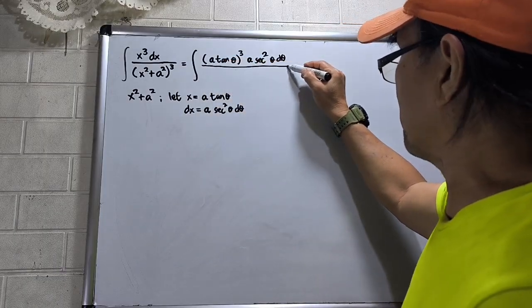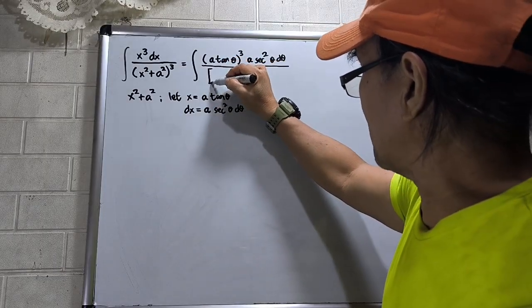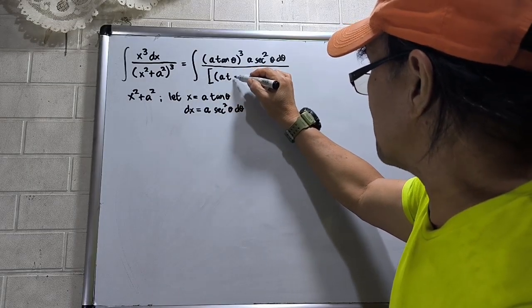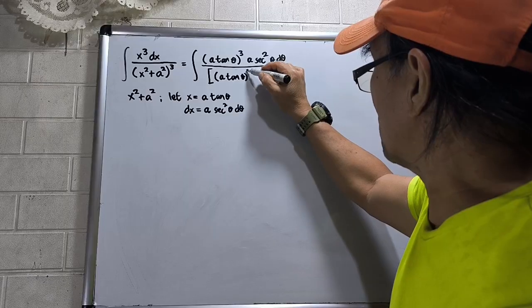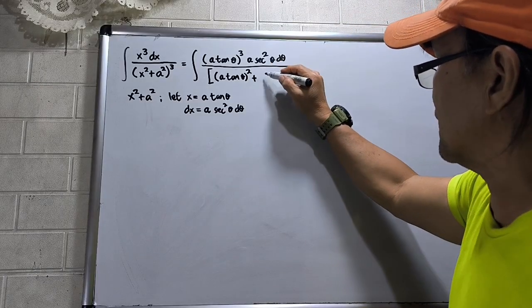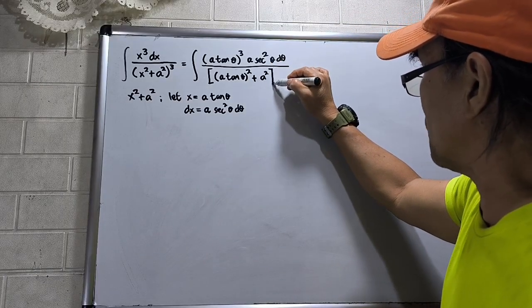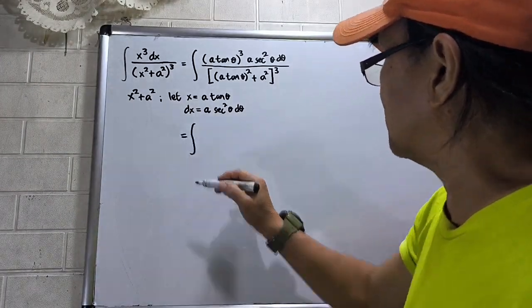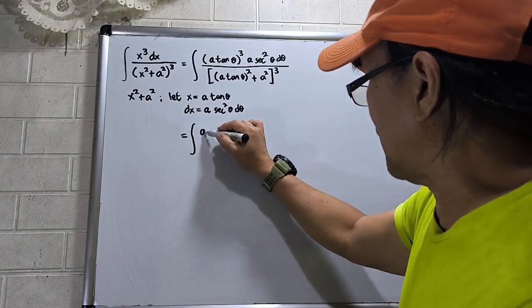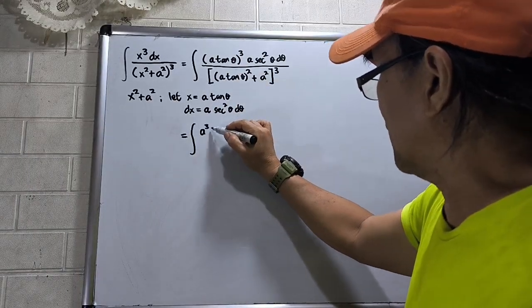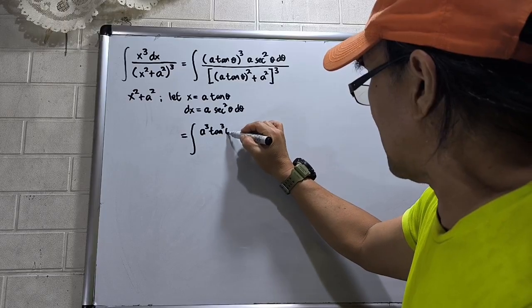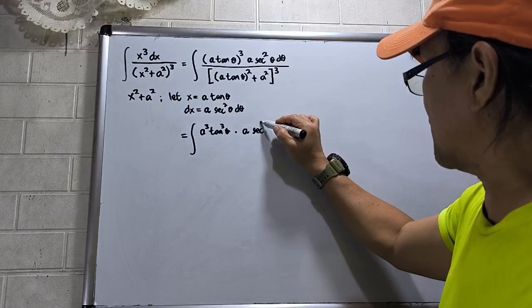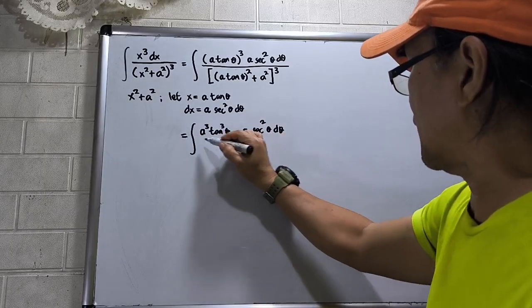Then this will be over, I will write square brackets x squared, so this will be circle brackets a times tangent theta, then this will be squared, then plus a squared, then close with square brackets, and then raised to the power of 3. So this will be the integral of a cubed, that will be a raised to the power of 3, then tangent cube theta, times a times secant squared theta d theta.